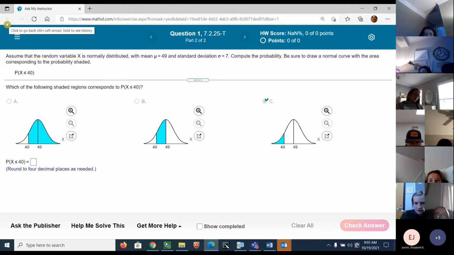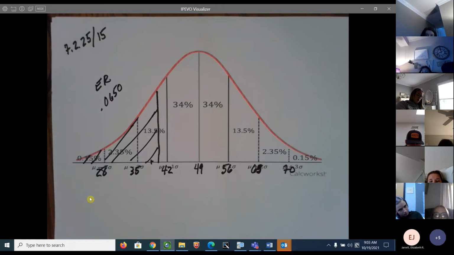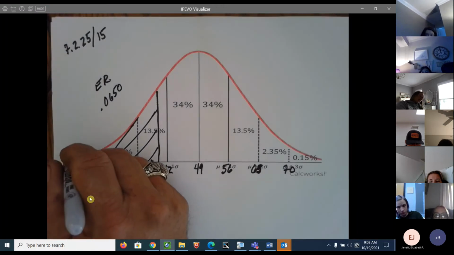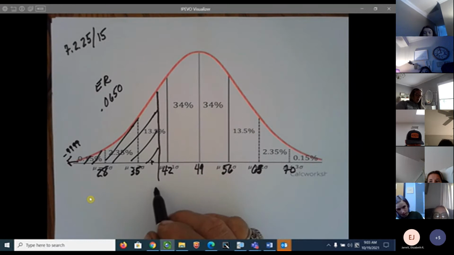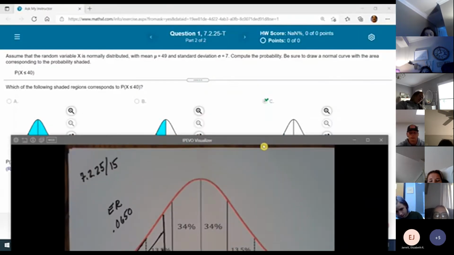So 13 divided by 3 would be 4, so 0.065 by the empirical rule. That's what I get. Negative infinity, and this is going to be 40.